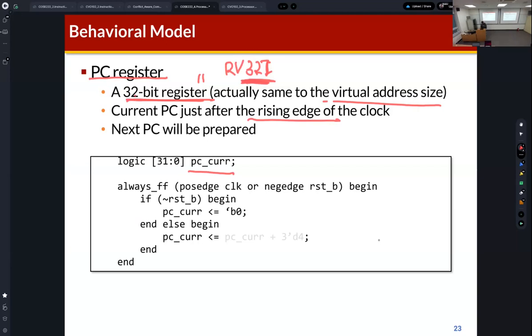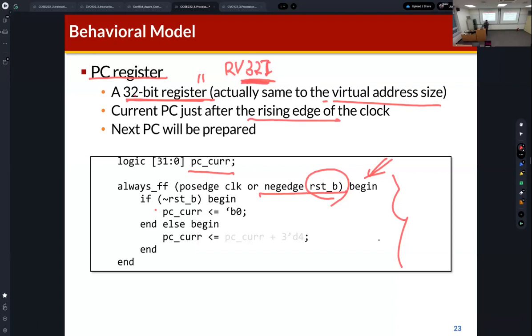And then what is this one? We learned that this code implements a D flip-flop using negative reset. We can find reset underbar B here. If the reset is given, then the current PC value becomes 0. This is the reset value.